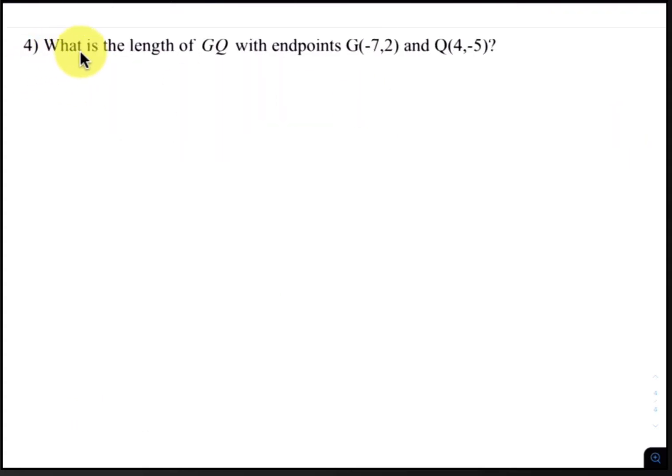This is number 4. What is the length of GQ with endpoints G, (-7, 2), and Q, (4, -5)? First, let's label the points. x1, y1 will be the point G, and x2, y2 is point Q. We need the distance formula in order to find the length of GQ. The distance formula is the square root of x2 minus x1 squared plus y2 minus y1 squared.